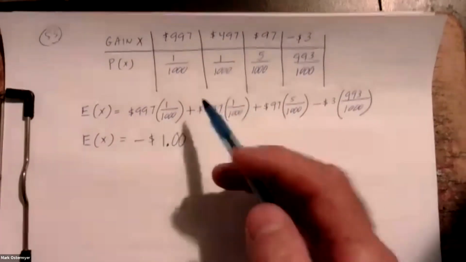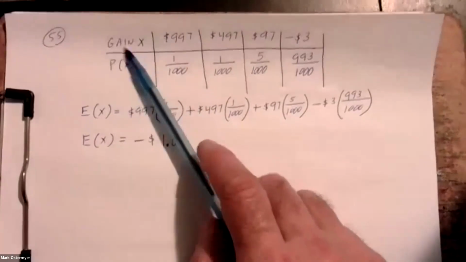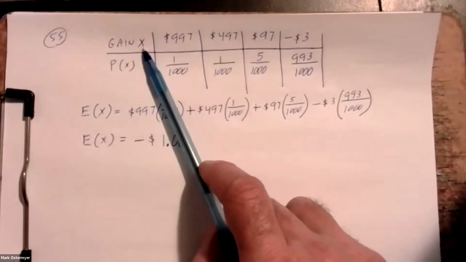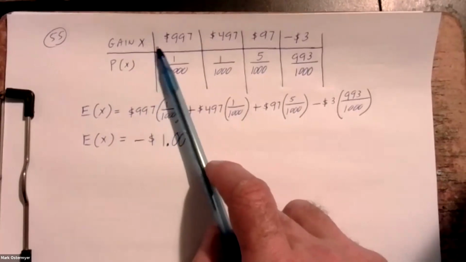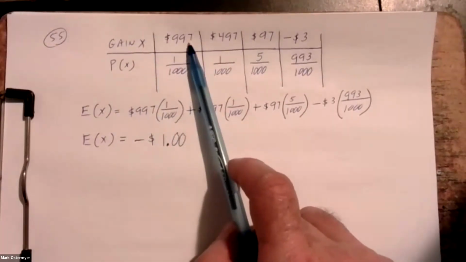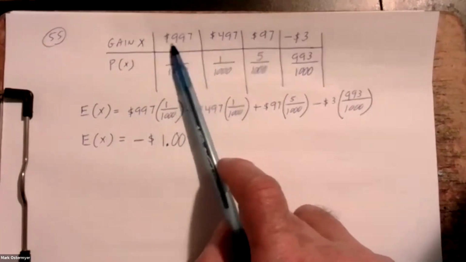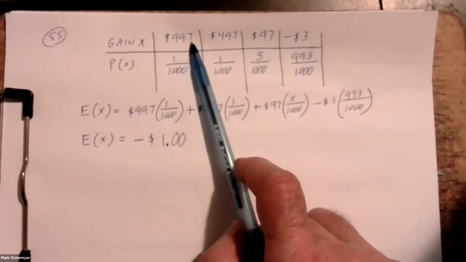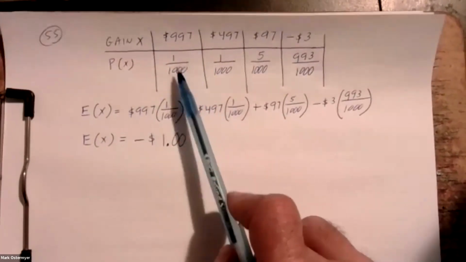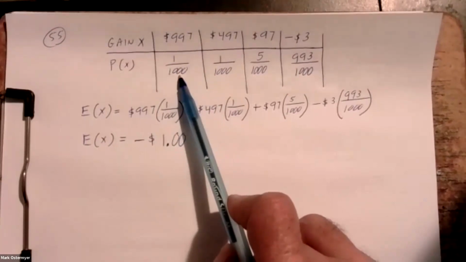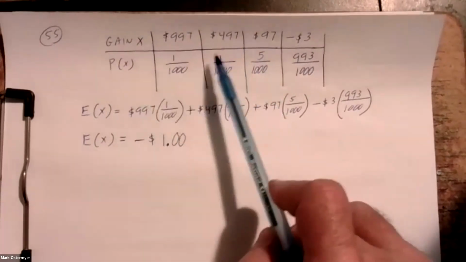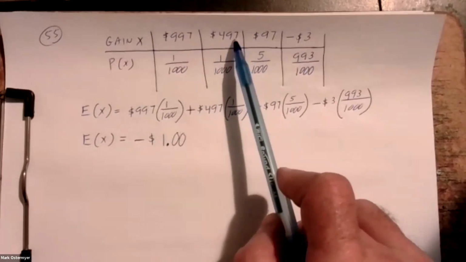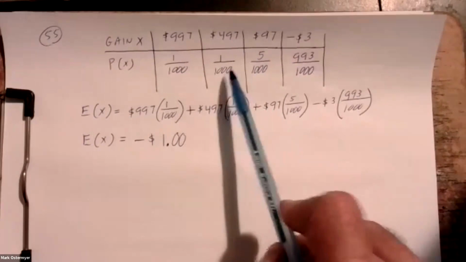All right, so again, a table really helps. If you win the grand prize, you win $1,000, but you had to pay $3 to play the game, so your net winnings would be $997. That occurs with a probability of 1/1,000, because there's only one winning ticket of 1,000. If you win the $500 prize, your net winnings would be $497, with 1/1,000 probability.